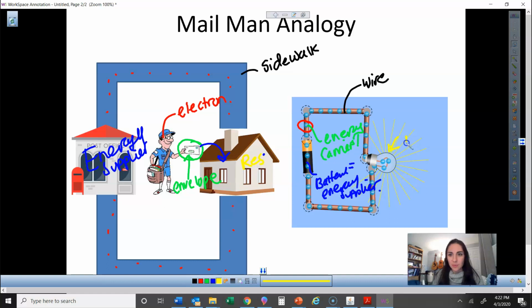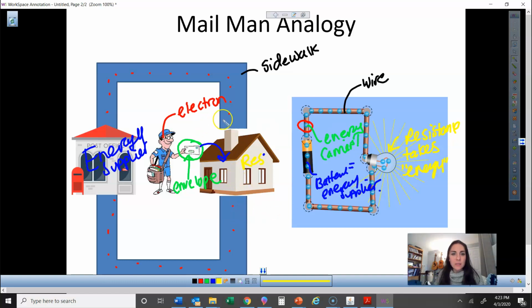So this is like the light bulb here. The resistor takes away energy. So, thinking about it this way, the mailman goes to the post office, goes around the sidewalk, delivers its mail, and the electron leaves the house empty-handed.